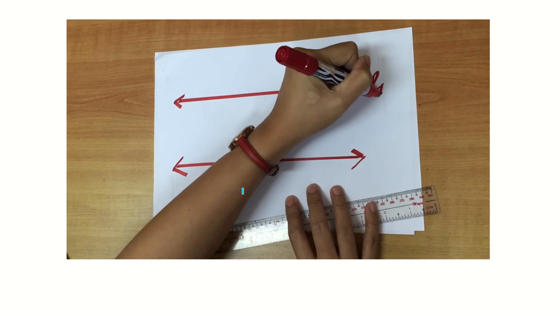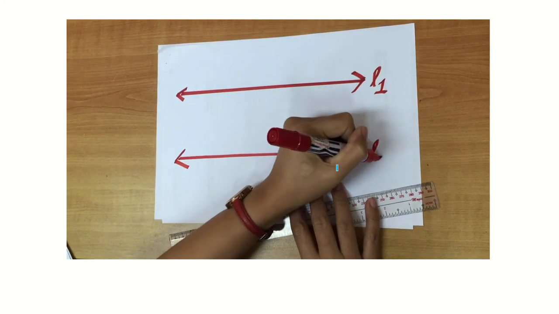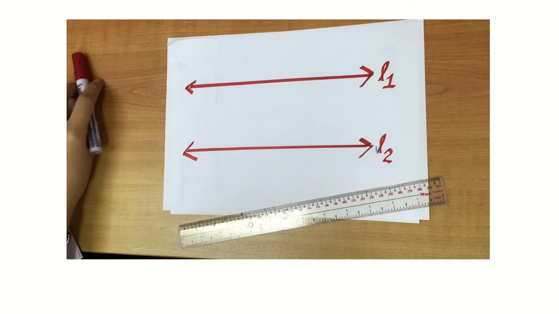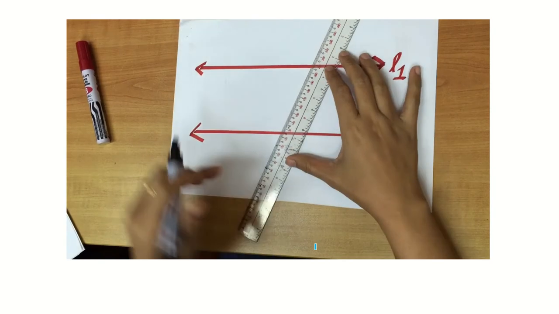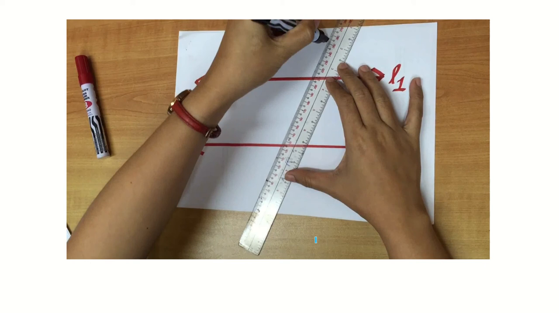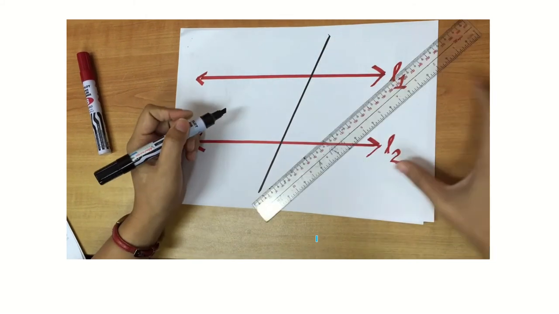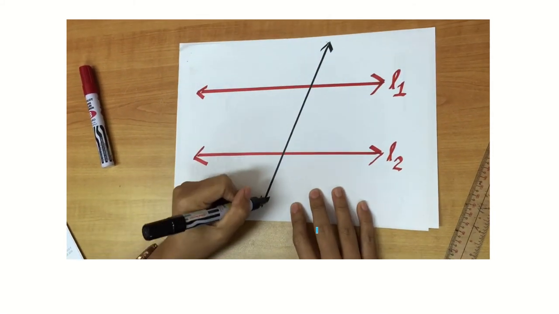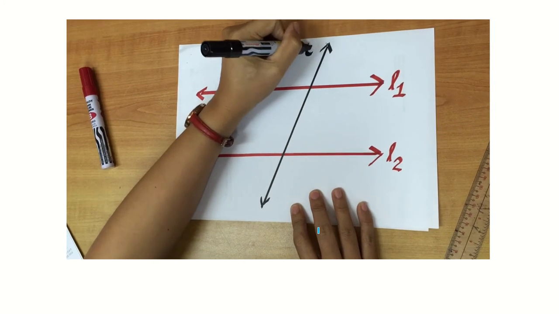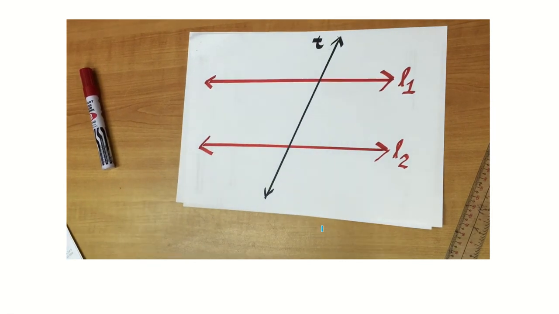Let's say this is line L sub 1, and this is line L sub 2. Afterwards, let's create a transversal that cuts the two lines, lines 1 and 2. The name of our line would be the transversal.